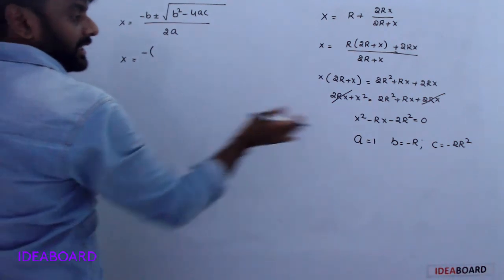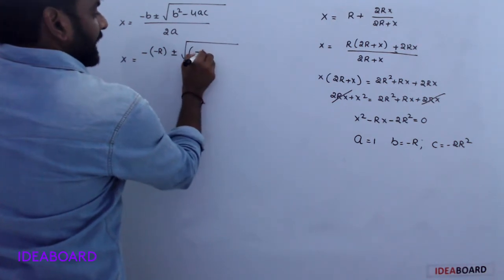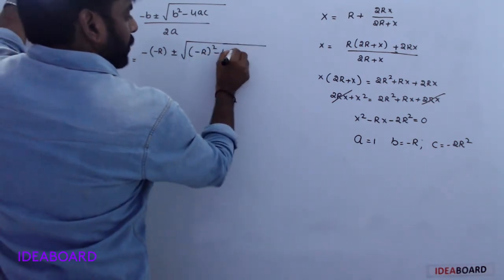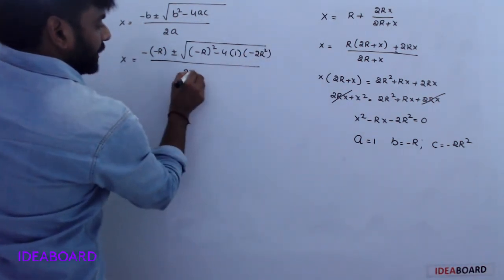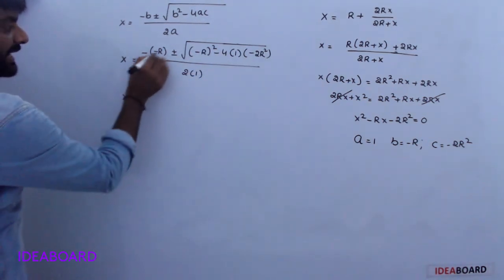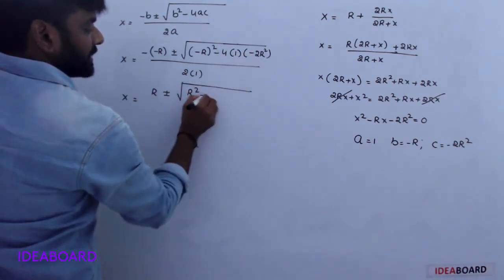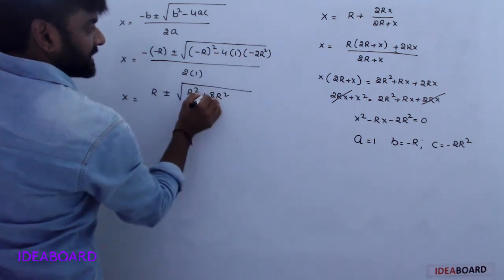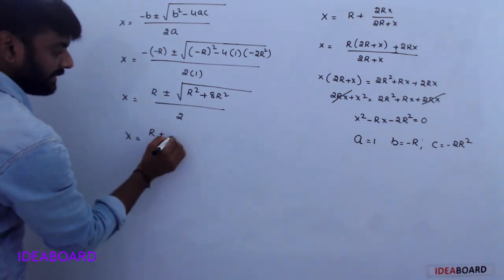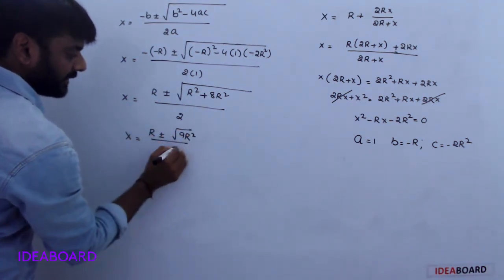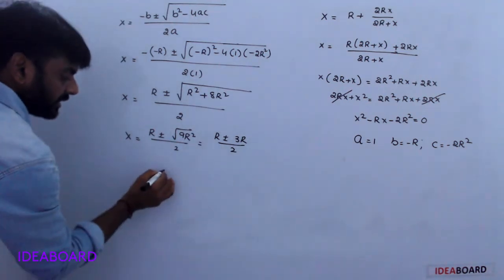So x is R plus or minus square root of R square minus 4 into 1 into minus 2R square, by 2 into 1. That is R square plus 8R square, so x is equal to R plus or minus square root of 9R square by 2, which is R plus or minus 3R by 2.